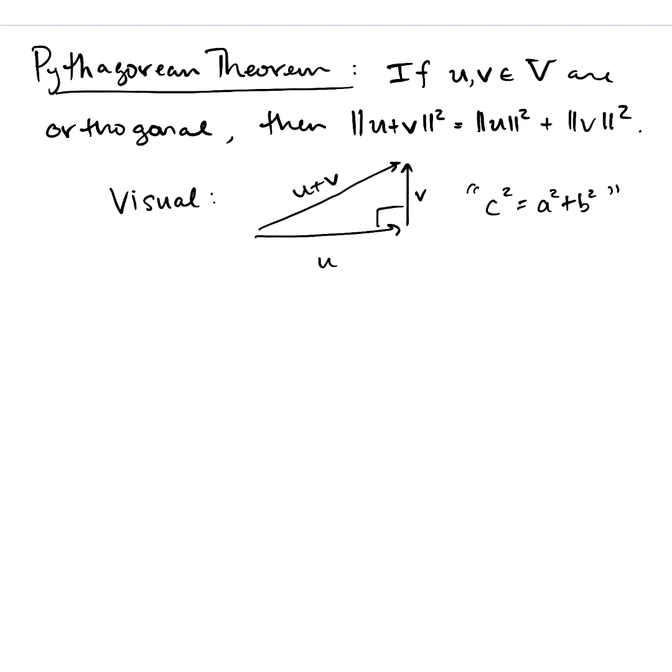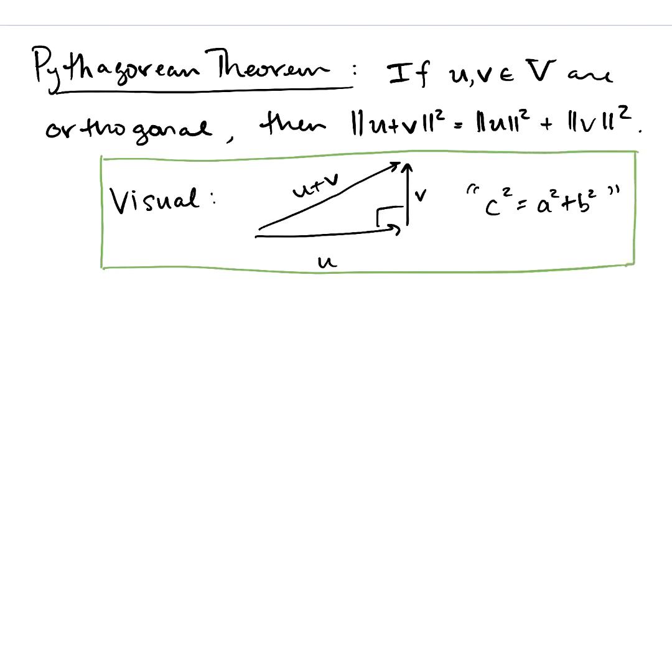The old-fashioned Pythagorean theorem, the one from thousands of years ago. So that's the visual. Maybe we can box that up. Let's box that visual. This is our motivation for the abstract theorem that we're choosing to call the Pythagorean theorem.